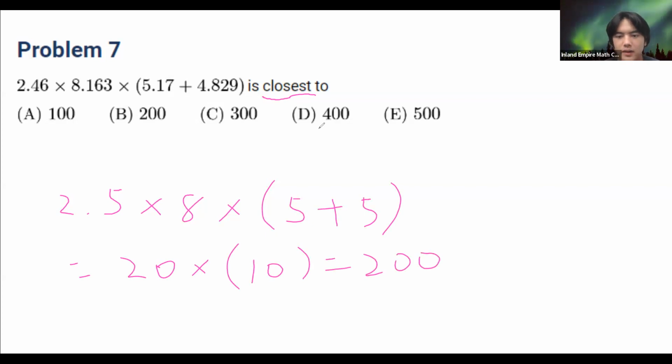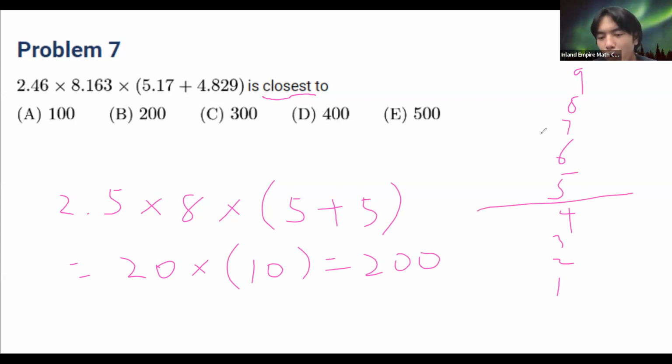Yep, exactly. And here's a little crash course on rounding in case you need help. So 1, 2, 3, 4, 5, 6, 7, 8, 9. The rule with rounding is that if it's below 5, so if it's 1, 2, 3, or 4, you round it down, right?